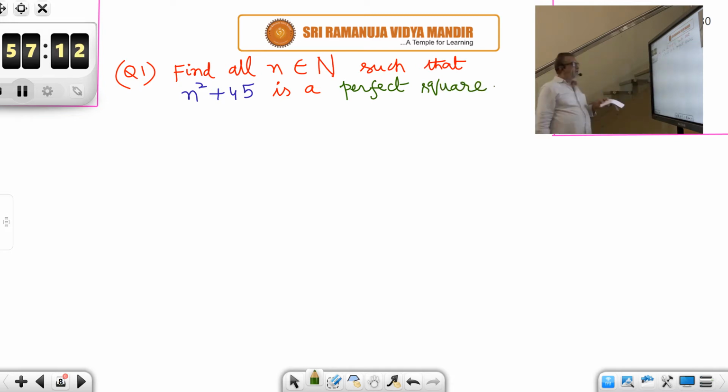Find all natural numbers n such that n square plus 45 is a perfect square.